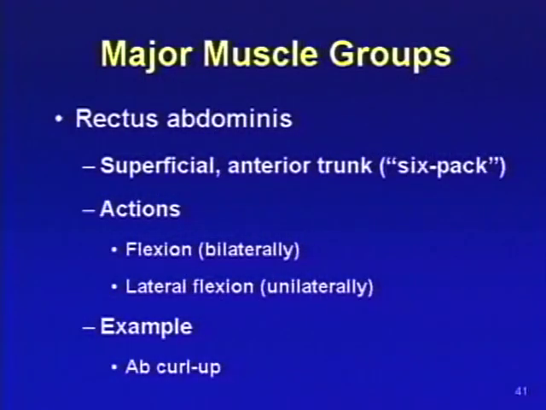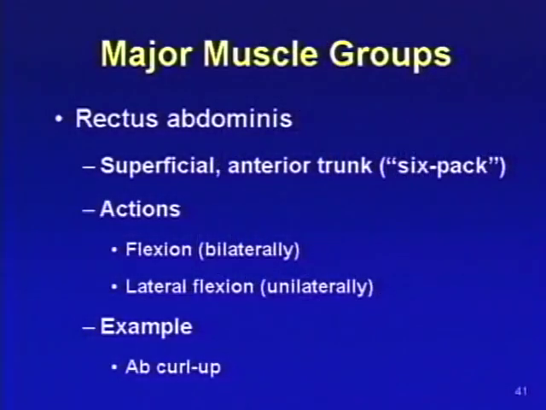The actions of the rectus abdominis include trunk flexion or forward spinal flexion when both sides of the rectus abdominis are contracting, as well as they assist in lateral flexion of the spine or the trunk. So when one side or the other contracts, it might assist in a side bending or lateral flexion of the spine.